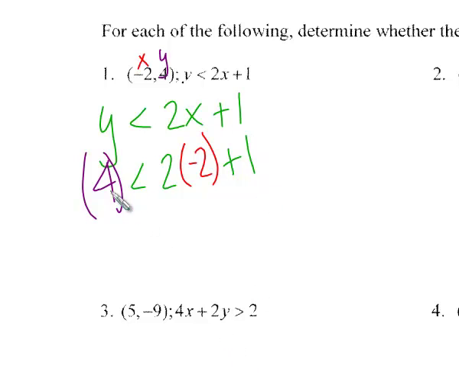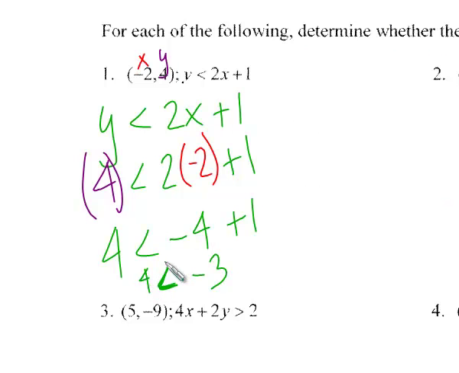Now I have 4 is less than 2 times negative 2, which gives me negative 4, plus 1. So negative 4 plus 1 gives me negative 3. I'm going to bring the rest of this down. So this is 4 is less than negative 3. Well, is that true or false? Because this is asking to determine whether it is a solution or not.